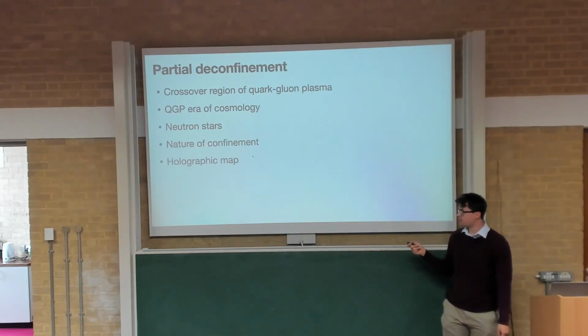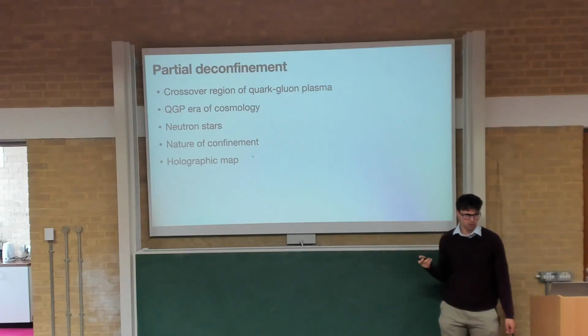More generally, we think we can learn more about the nature of confinement by exploring the partially deconfined phase and the nature of the holographic map, in particular how color degrees of freedom could be mapped into the gravity dual.